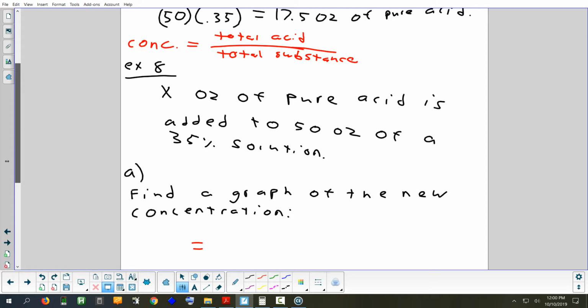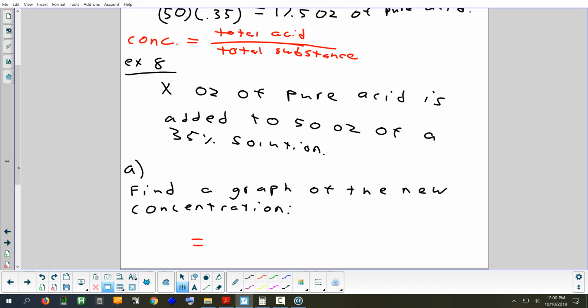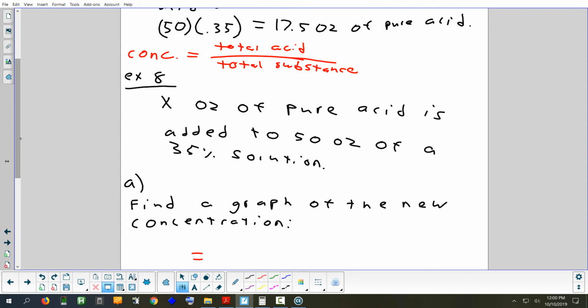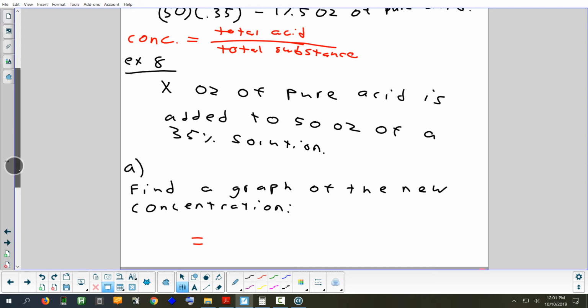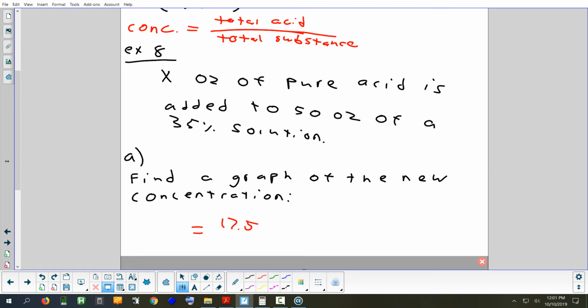Yep, so basically I want to do this. So look at my solution the way it is now. How much acid is in my solution before I do anything to it? How much acid? Right, I have a 50 ounce container in front of me of 35% acid. 17.5. So right now there's 17.5.